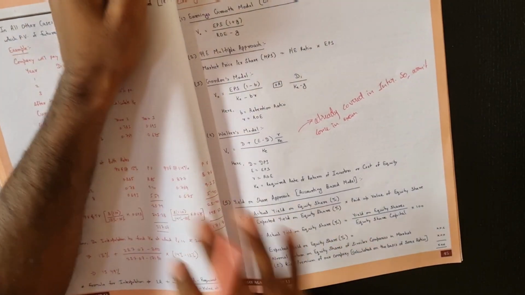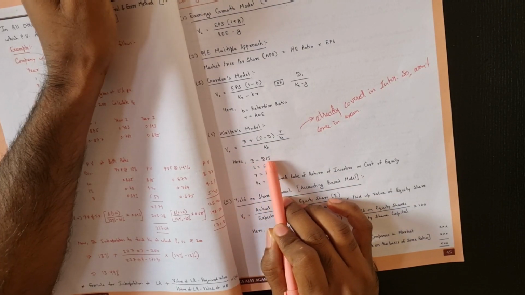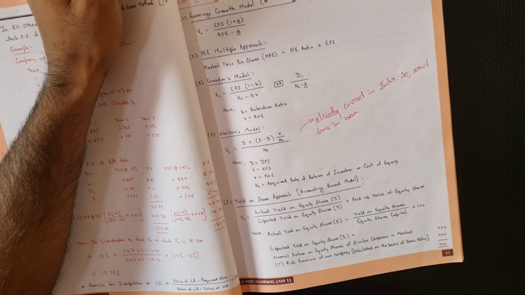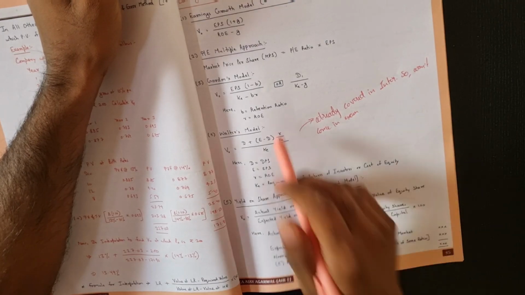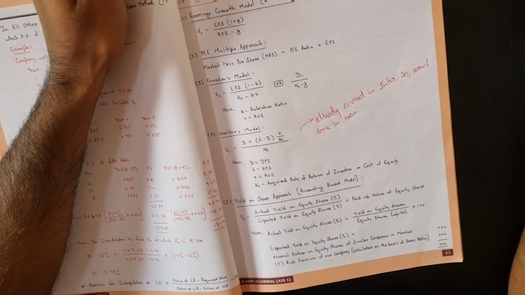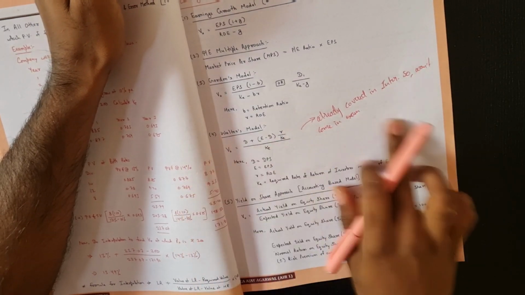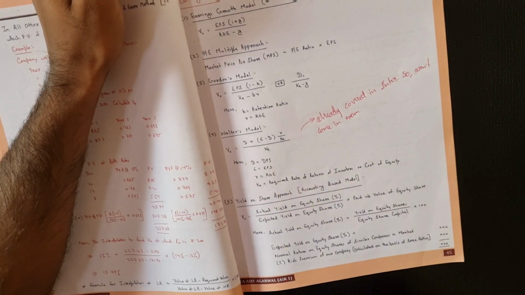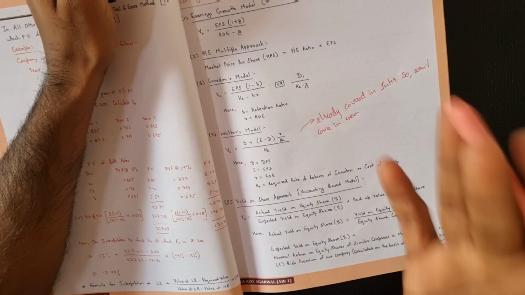What it is, we'll just see: D plus DPS, E minus D, where E minus D is EPS minus DPS, multiplied by R by K. R is ROE and K means your required rate of return, and we divide the whole by K. I don't know the derivation of this formula, just mark up the formula.